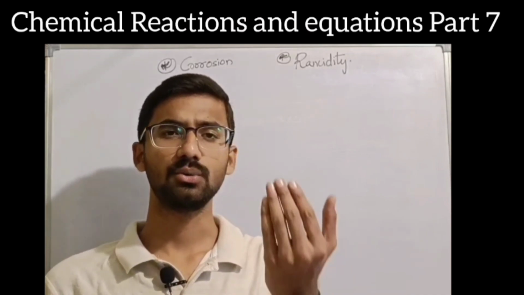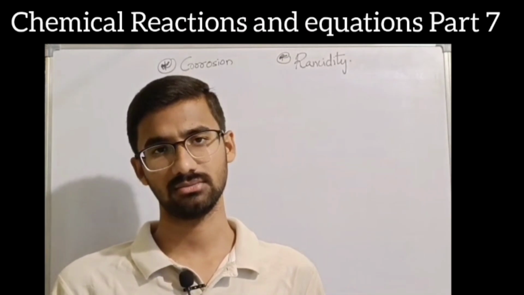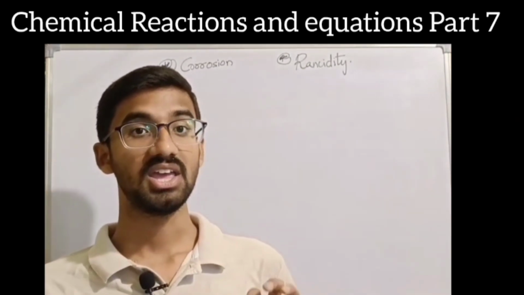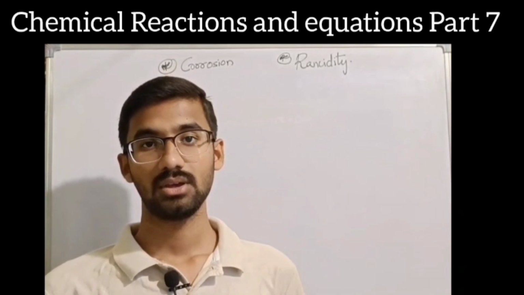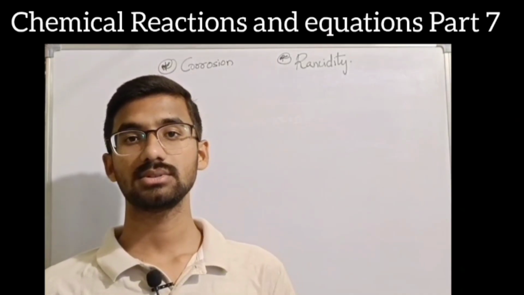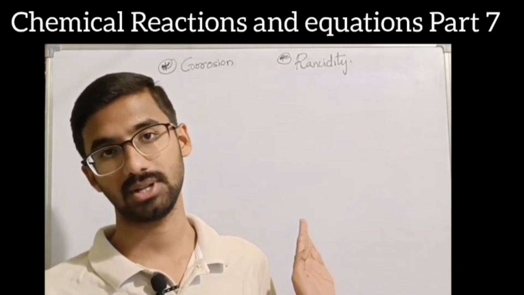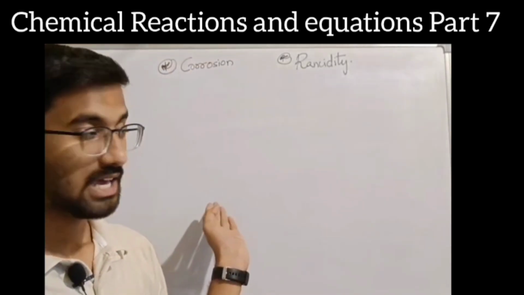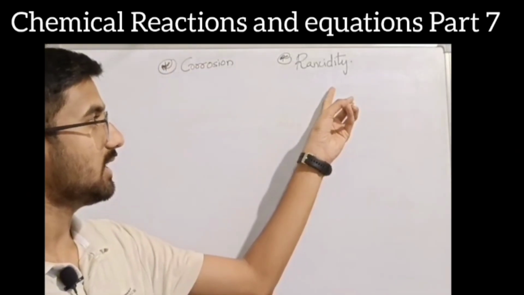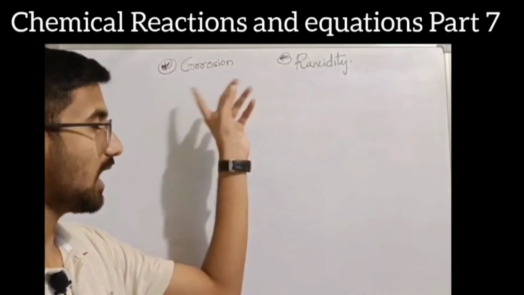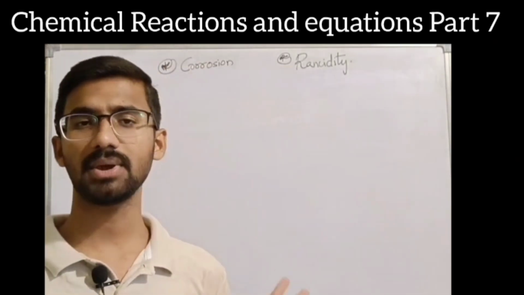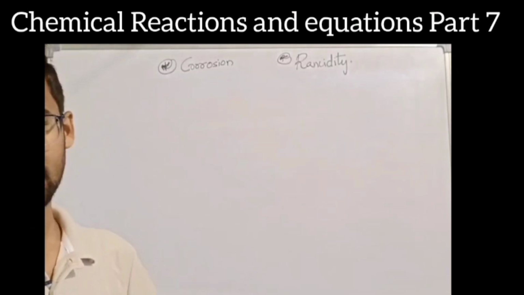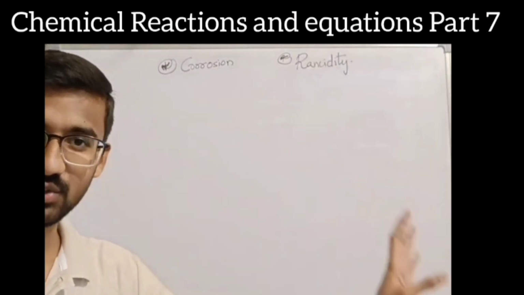You need to balance all the chemical reactions and observe the oxidation and reduction carefully. The reaction is the backbone of this chapter. Again, these are the theory topics. In both rancidity and corrosion, the topics have reactions. Let us discuss these two and finish this chapter.